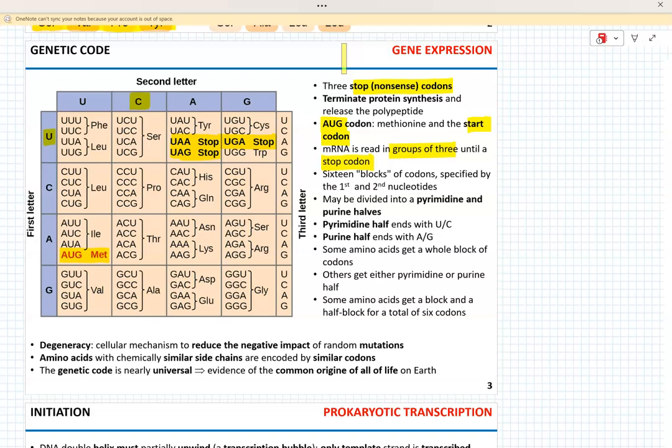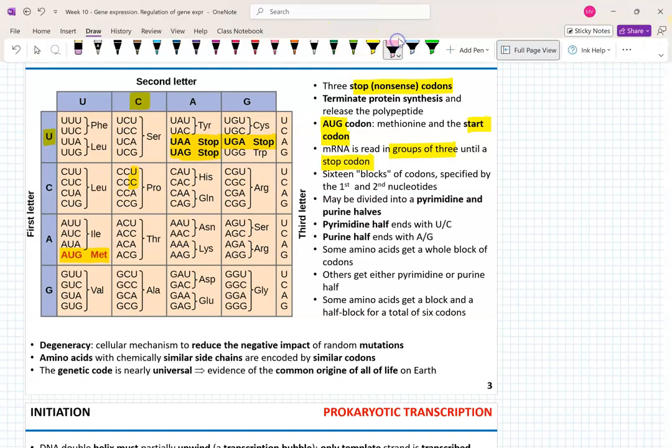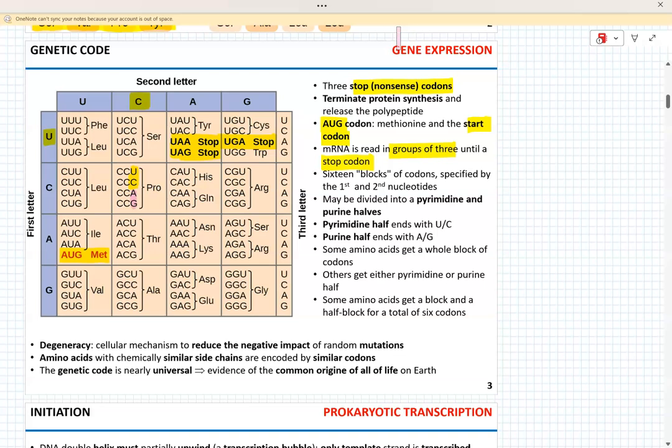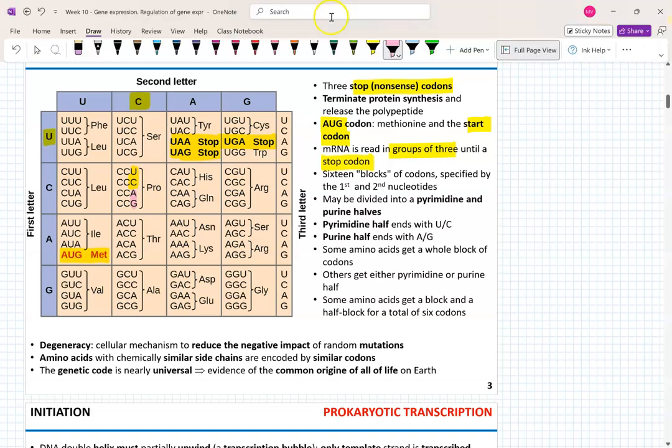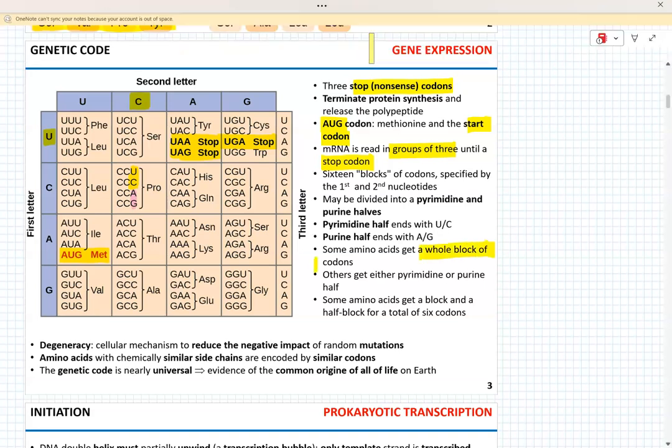So the pyrimidine half ends with U or C, while the purine half ends with A or G. You can see that some amino acids occupy the entire block of codons, while others get either pyrimidine or purine halves.